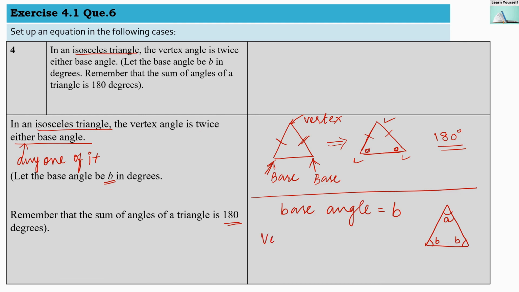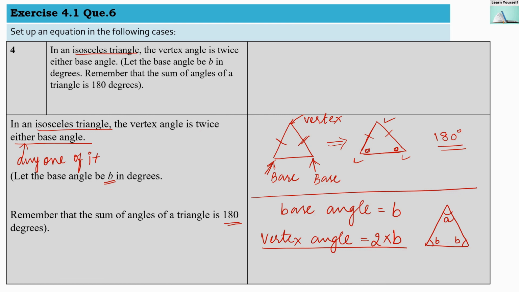So we are taking only one B because they said either base angle, that means any one of it. So 2 times B will be the measure of the vertex angle.